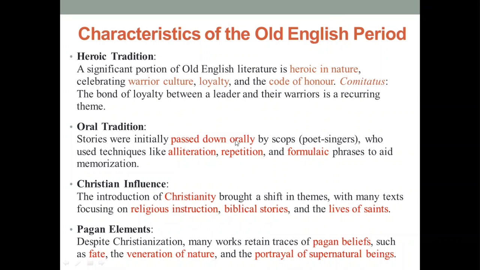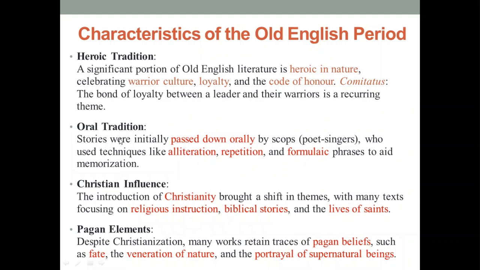So those stories were passed down orally to other generations using techniques like alliteration, which means repetition of the same letter or sound, and formulaic phrases, certain styles of phrases, used to remember things.